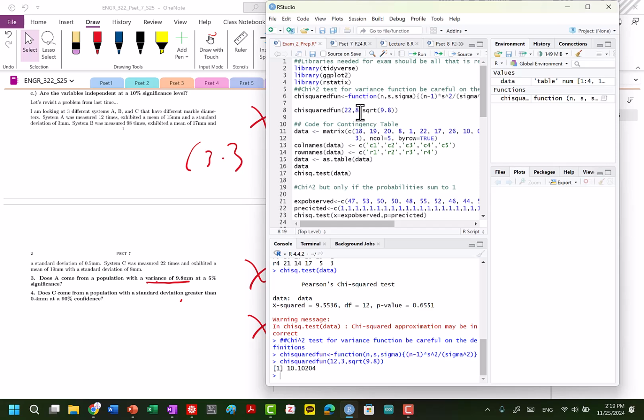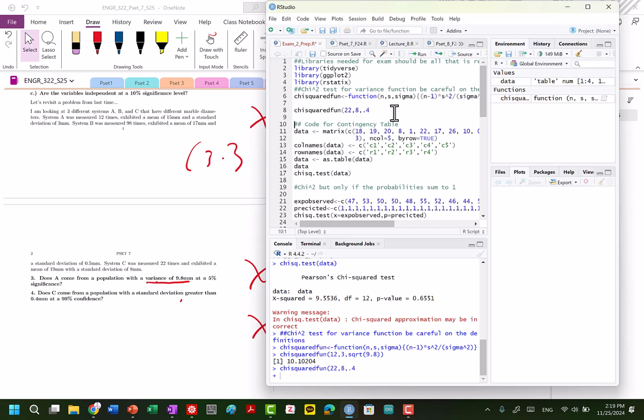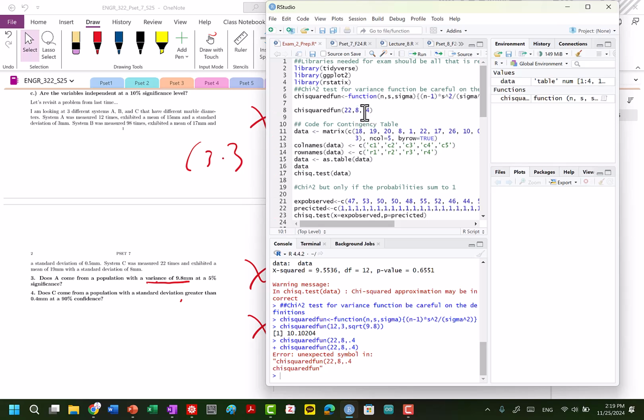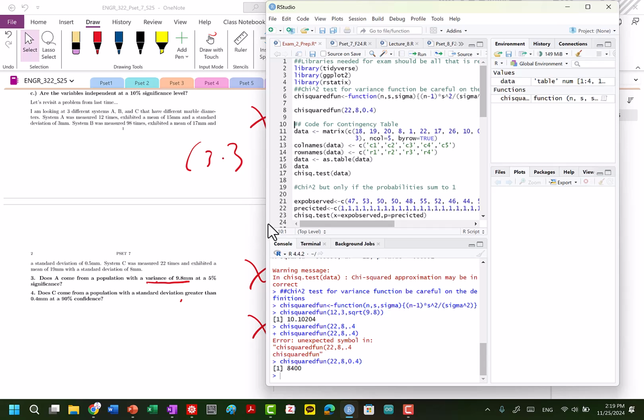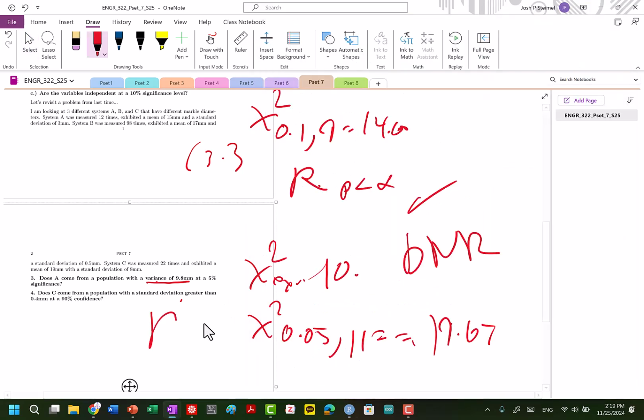And does it come from 8 millimeters and 0.4? That's going to be a big difference. Oops, let me close that up. Oof, I don't even need to look up the value. That is definitely a reject as well.